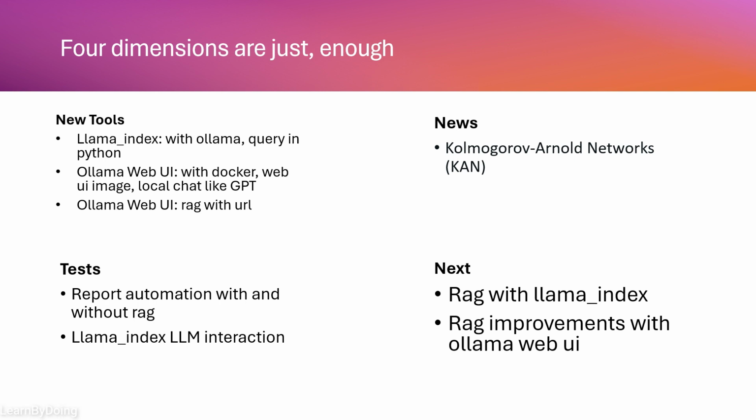About LLaMA index, of course, a simple interaction like a point-to-point chat, a one-shot chat, is an easy case. But if we want to interact with the RAG workflow and so on, it will become more complicated. So next, I plan to explore the RAG workflow with LLaMA index or RAG improvements with LLaMA web UI.